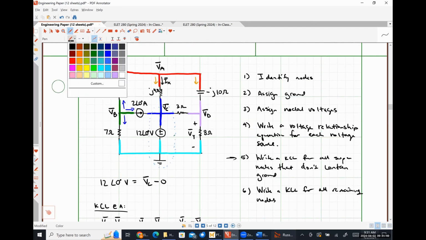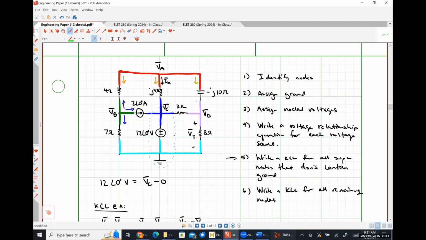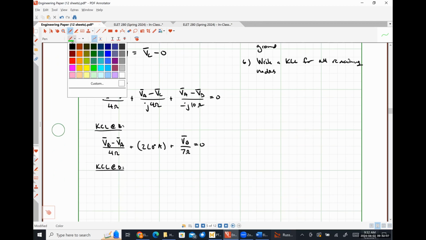So at D, we are going to have this guy up, this guy to the left, and this guy down. So what's the current flowing up through the minus J10 ohm capacitance going to look like? So VD minus VA over negative J10. Absolutely.